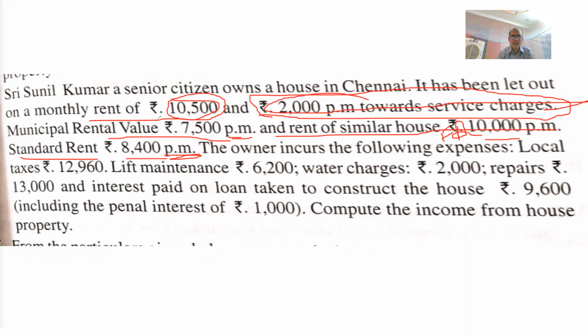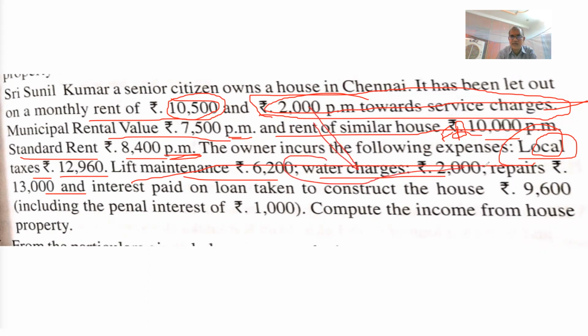The owner incurs the following expenses. Local taxes means municipal taxes, local government taxes, 12,960. Lift maintenance, water charges, repairs will not come in, because the owner is receiving service charges.